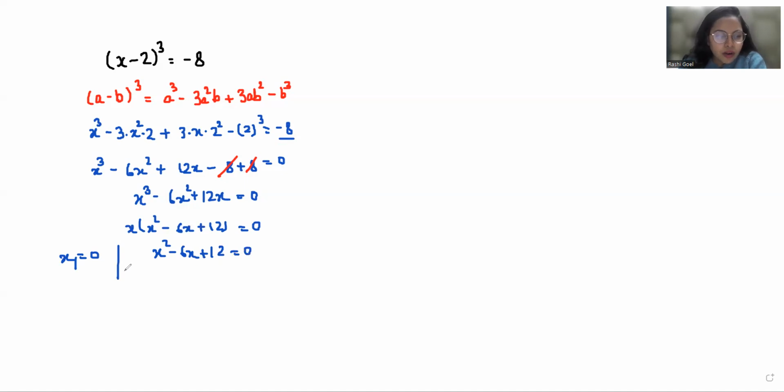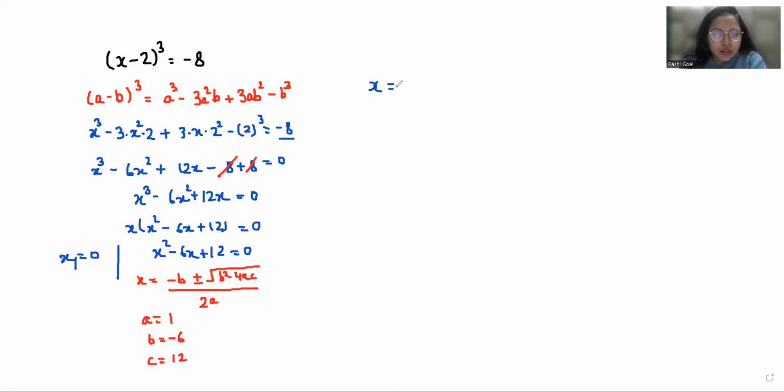Now it looks like a quadratic equation, so we are going to simplify this with the help of the quadratic formula, that is x is equals to negative b plus minus under root b square minus 4ac by 2a, where a is the coefficient of x square, b is the coefficient of x, and c is the constant.